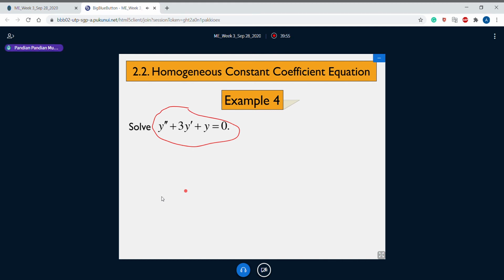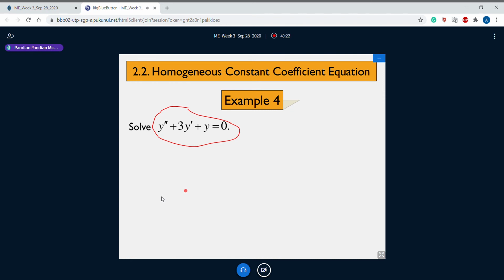And this example 4 belongs to case 1, whereby the roots m1 and m2 are distinct and real. So your m1 is minus 3 plus root 5 over 2, and your m2 is minus 3 minus root 5 over 2.